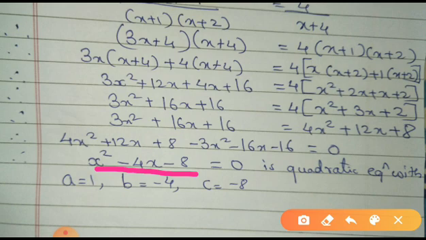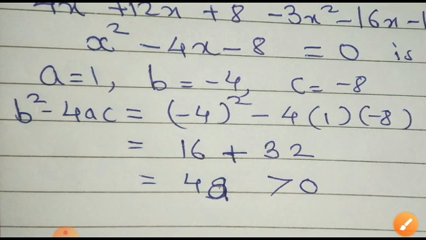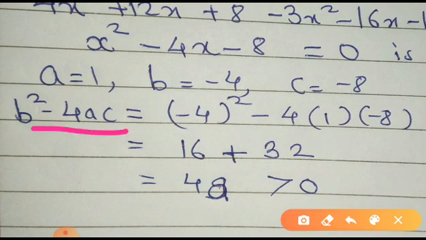Now by which method do we have to solve? We have to solve this by the formula method. So a is equal to 1, b is minus 4 and c is minus 8. Find the value of b square minus 4ac. I have got the value of b square minus 4ac as 48.